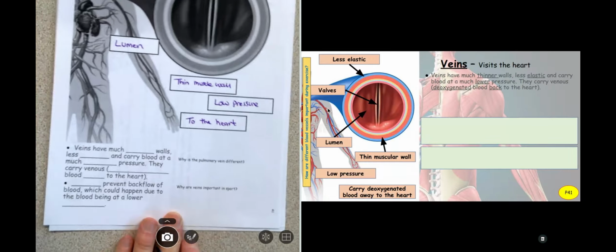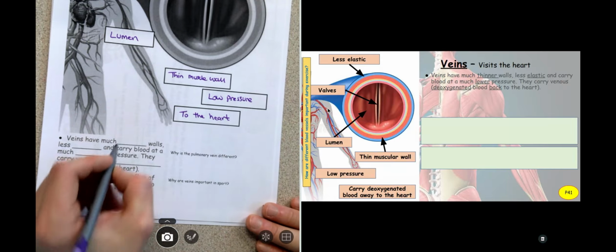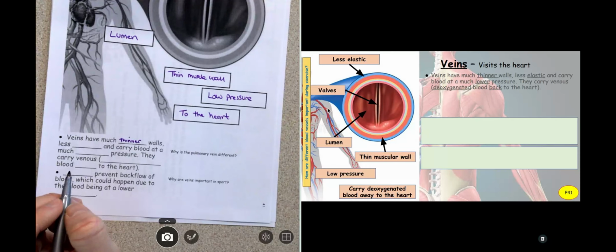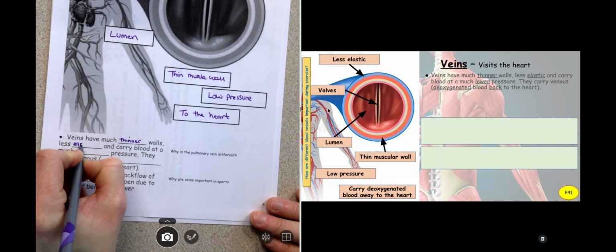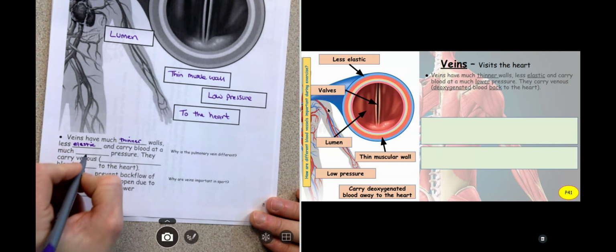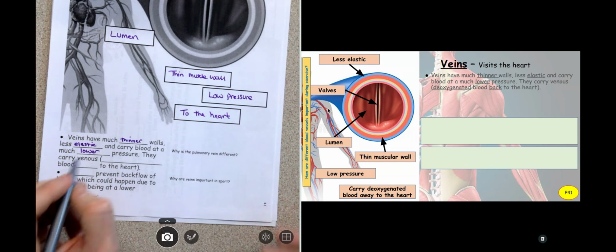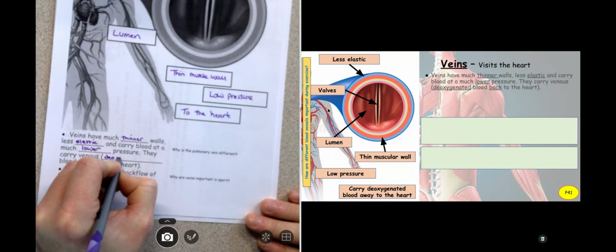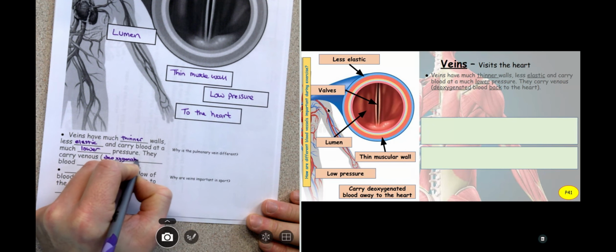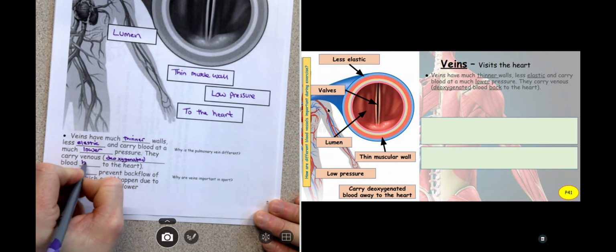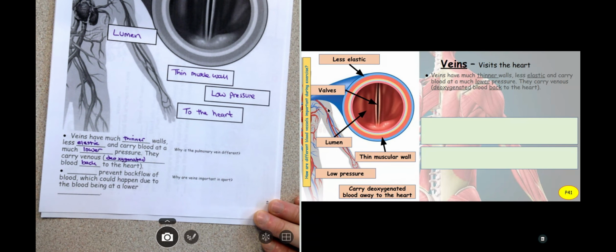And then just filling out that information at the bottom. Veins have much thinner walls, less elastic, and carry blood at much lower pressure. They carry venous or deoxygenated blood generally, and it's back to the heart in the direction of travel.